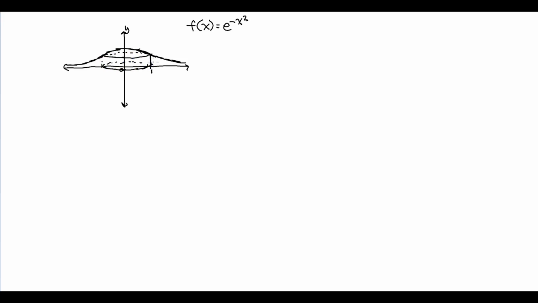Now, what happens if we try to do the disk method? We have y equals e to the negative x squared. So we have ln y equals negative x squared, and you get x equals the square root of negative ln of y.